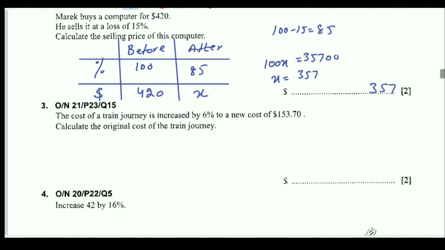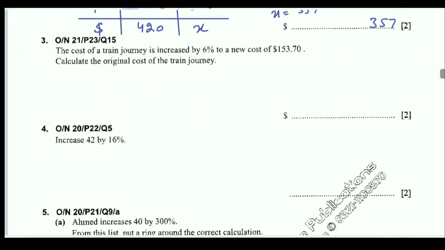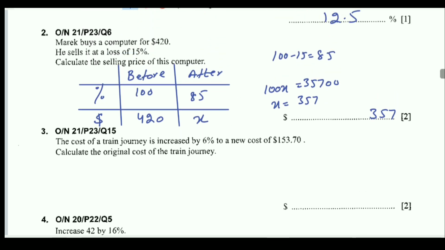Next: the cost of a train journey is increased by 6% to a new cost of 153.70. Calculate the original cost of the train journey. We do the same thing.